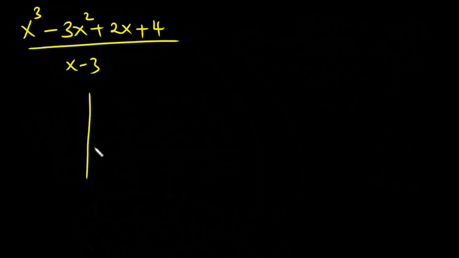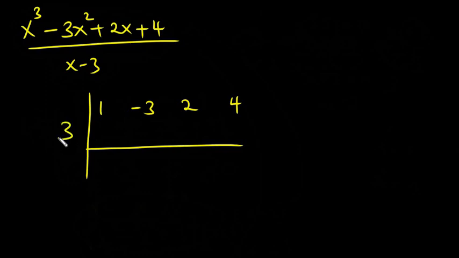So you can even pause the video and try to work it out by yourself and check whether you'll get the correct answer. So let's have the coefficients of the polynomial, starting with x to the power 3. So we're going to have 1, negative 3, 2, and 4. And then we divide by 3.